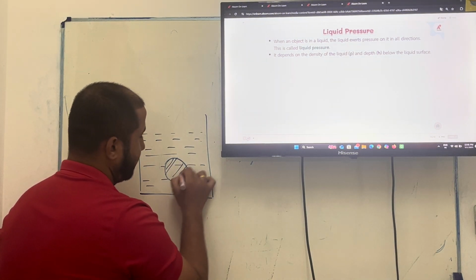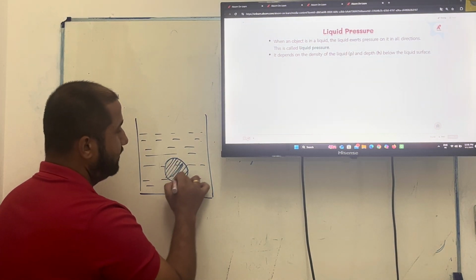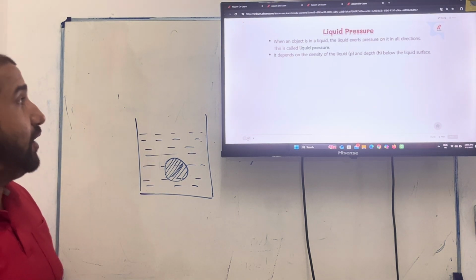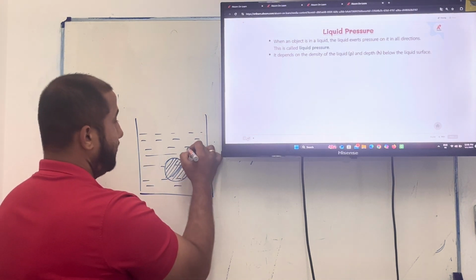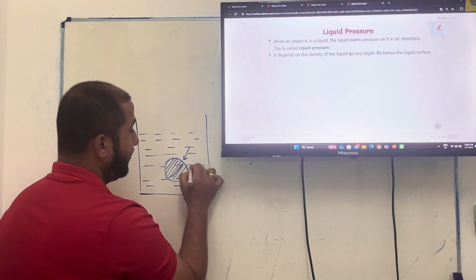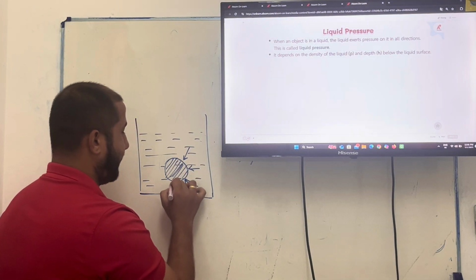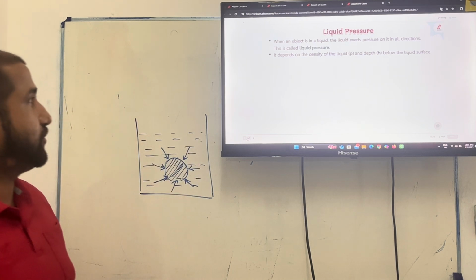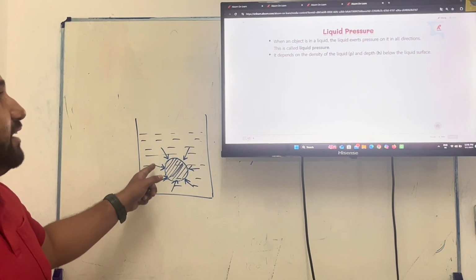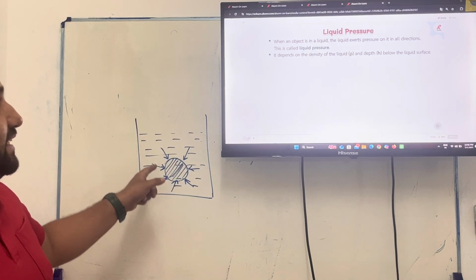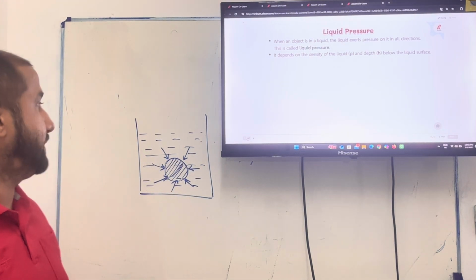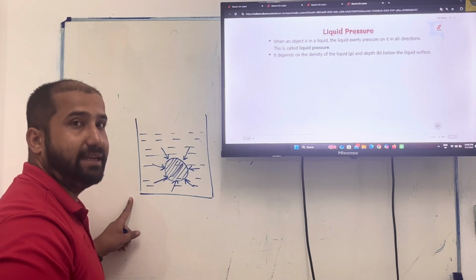Let's say this is the object that is inside the liquid. This object will be exerted with force by the liquid from all the different directions. It will feel force. That force that is exerted by the liquid on the object from all directions is called liquid pressure.